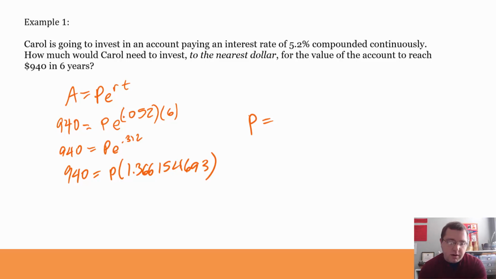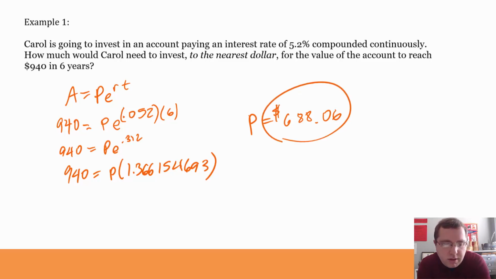Let my calculator do that work and get me $688.06. That's how much Carol needs to start with so that she ends with $940 in 6 years. Now, I did say to the nearest dollar, so to answer that directly, we would say $688. Rounding it to the nearest dollar would round it down because 0.06 is less than 50 cents.